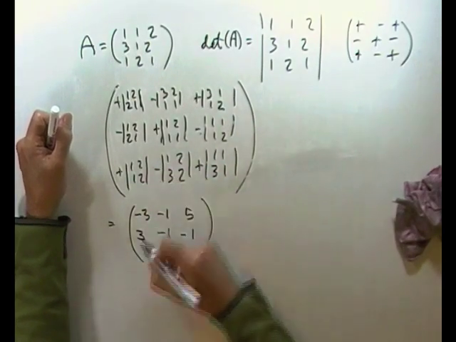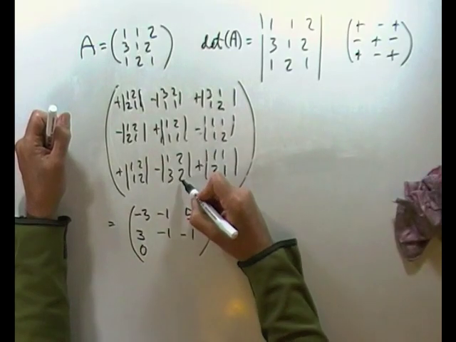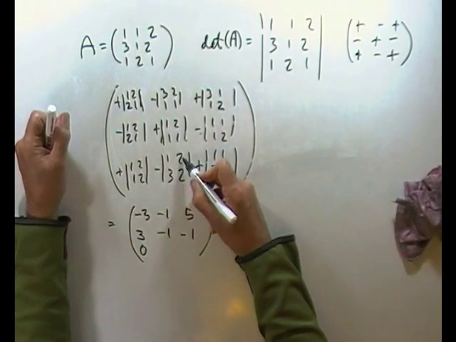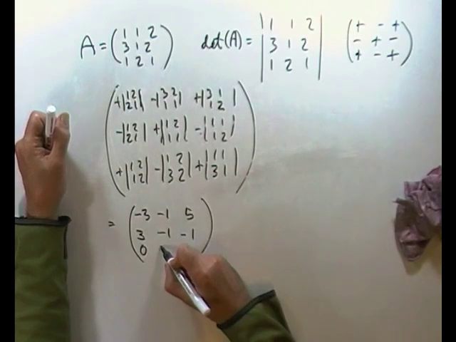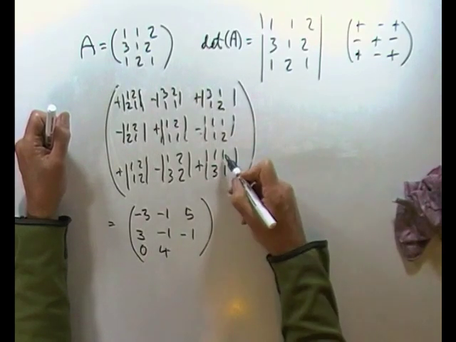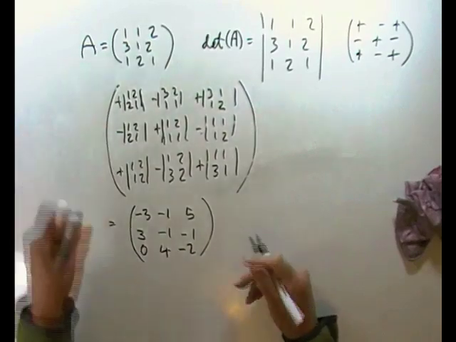And 2, take away 2, that's going to be nothing. 2, take away 6, negative 4, but it's the negative of that, so that's going to be 4. And 1, take away 3, that's negative 2, and it stays that way.